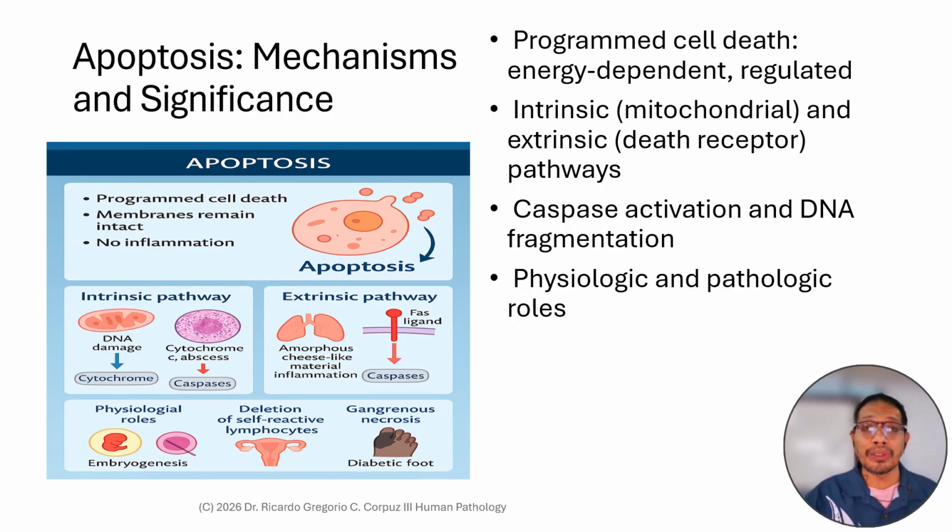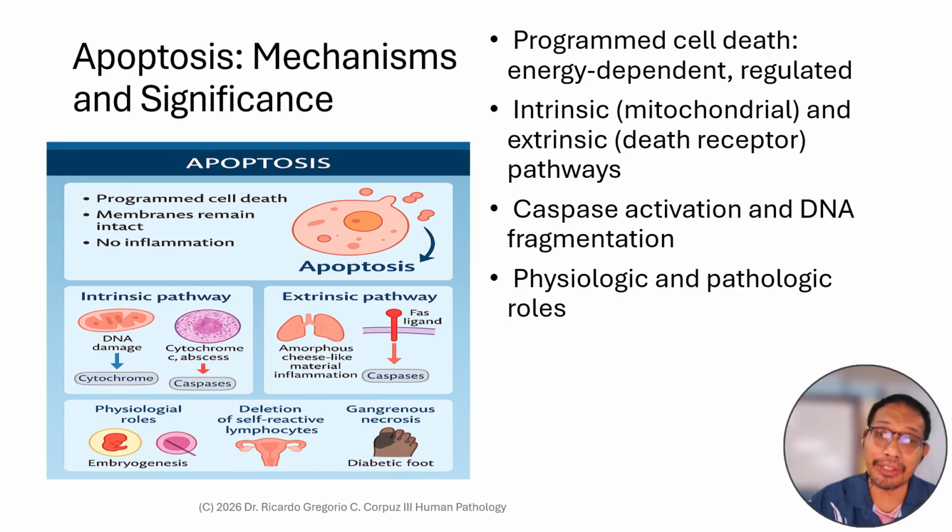The intrinsic pathway is also known as the mitochondrial pathway. It is regulated by the BCL2 family of proteins. These proteins act as molecular switches that determine whether the cell will live or die. When a cell experiences severe DNA damage, misfolded proteins, or growth factor deprivation, pro-apoptotic members of the BCL2 family promote mitochondrial outer membrane permeabilization.